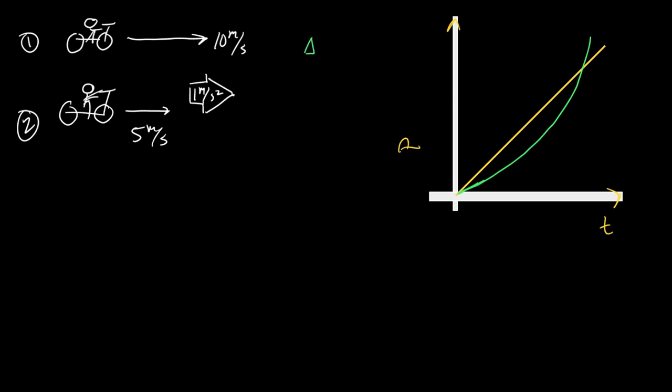The first cyclist, their delta x is going to equal 10 times t. They're traveling at a constant speed. The second cyclist, however, they have an initial velocity of 5 meters per second and an acceleration of 1 meter per second squared.